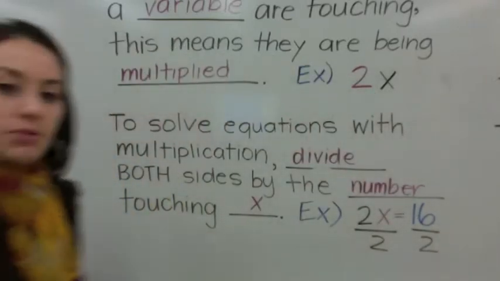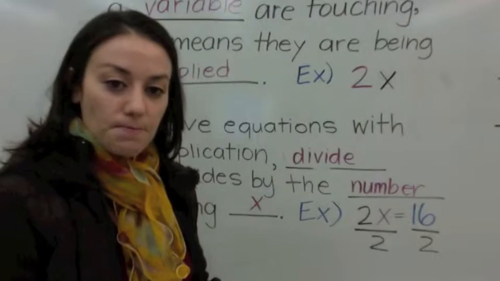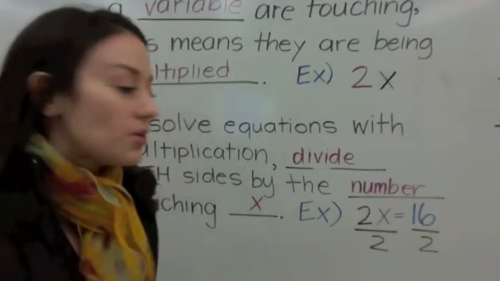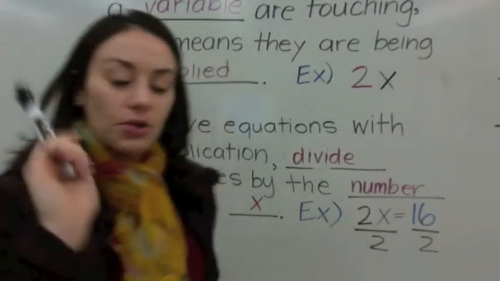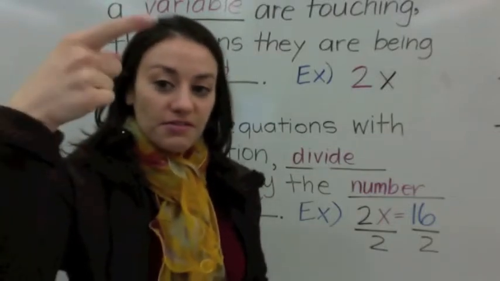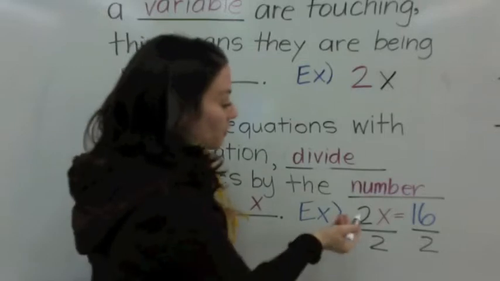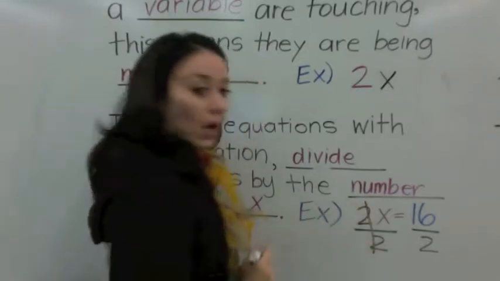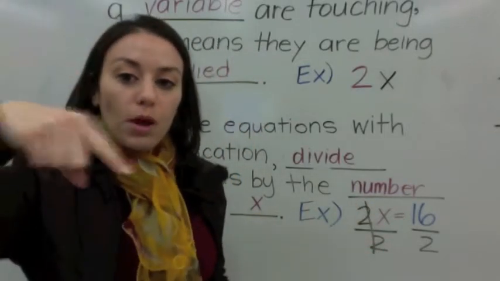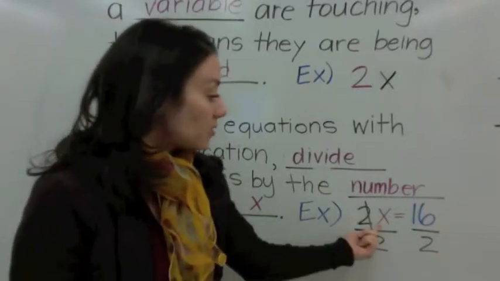Very good. Divide both sides by 2. Now, when you do 2 divided by 2, any number divided by itself is 1. So you put a 1 through it, and now it means x is by itself.